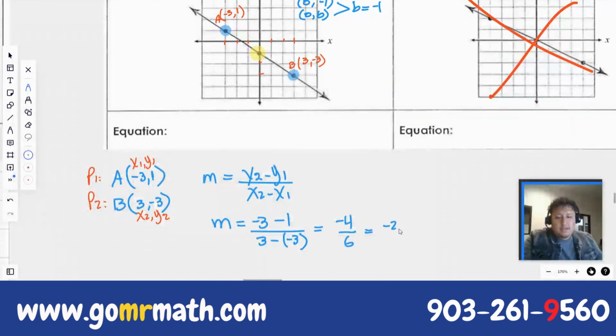This is -2/3 if we simplify. So my slope is -2/3. That being said, we have y equals -2/3 x minus 1.